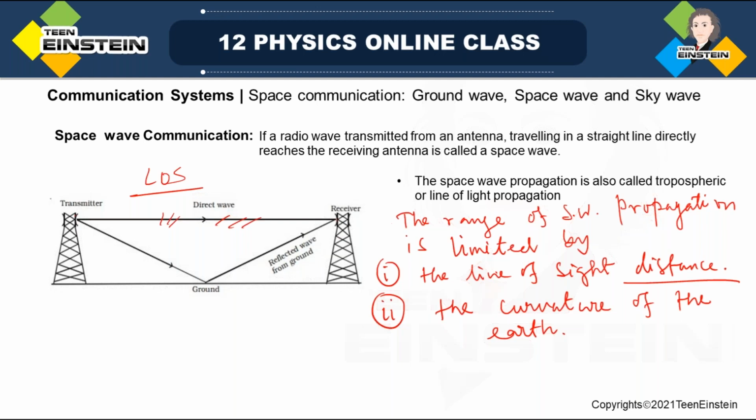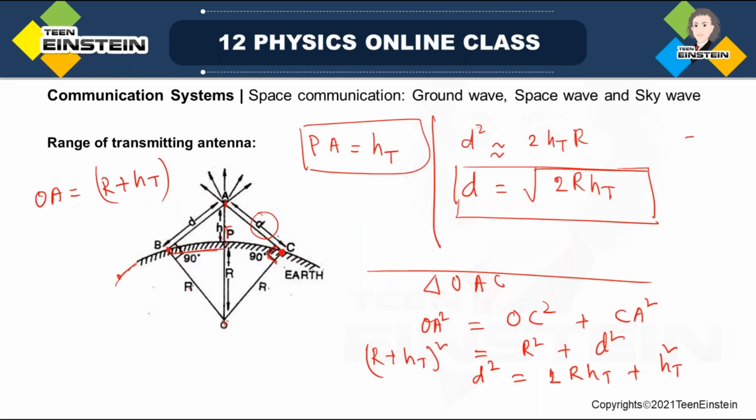And space wave is suitable for TV communication, but there are limitations, such as radio horizons. If we want to increase the range, we have to use large towers, and also repeaters between the transmitter and receiver. Sky wave we will discuss in the next class.